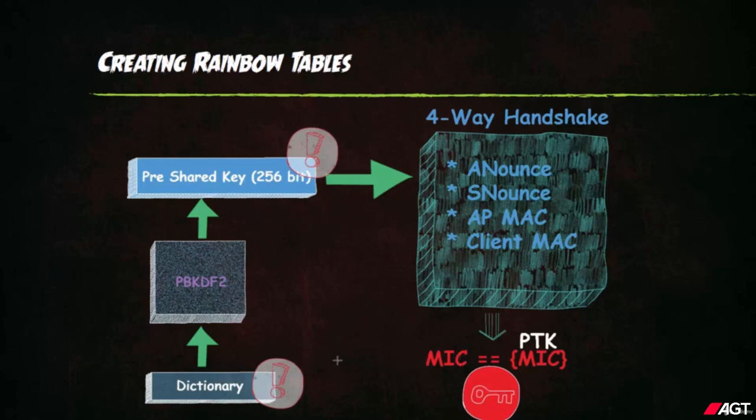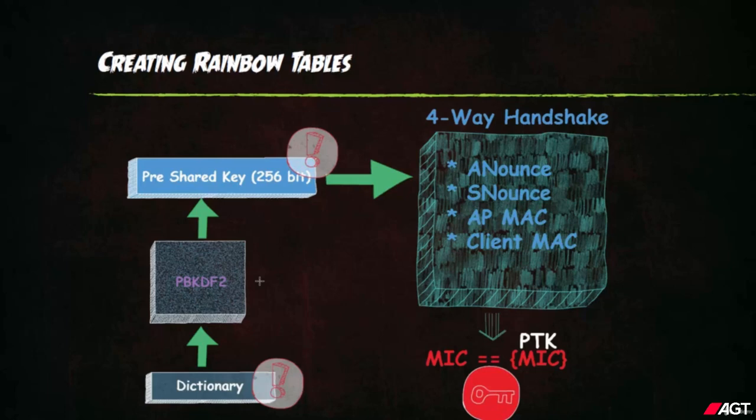So in this video we are going to see how we can speed up this process using rainbow tables. So suppose you got a penetration testing assignment from an organization and you already know the ESSID of that organization. So you can speed up your progress by creating pre-shared keys with the dictionary.